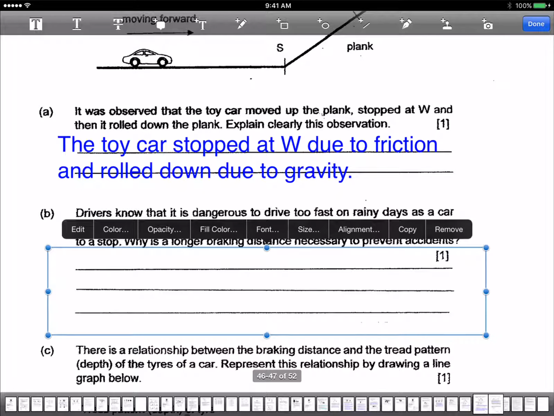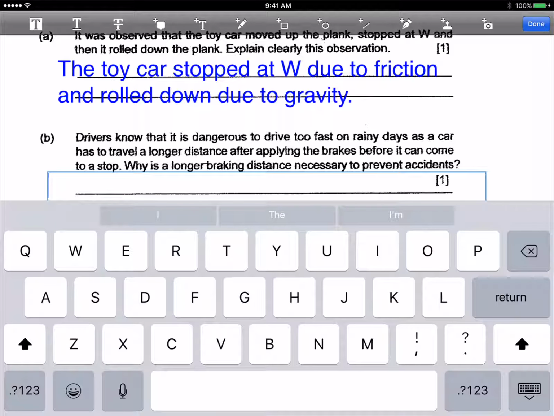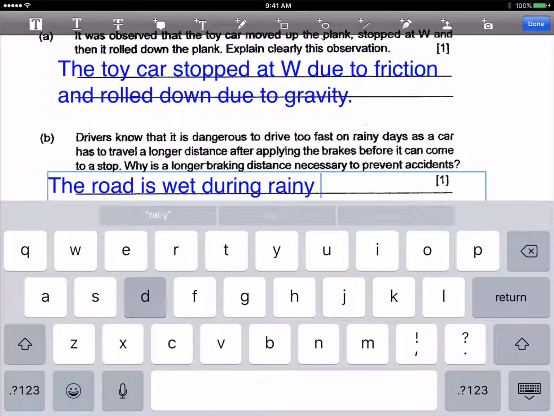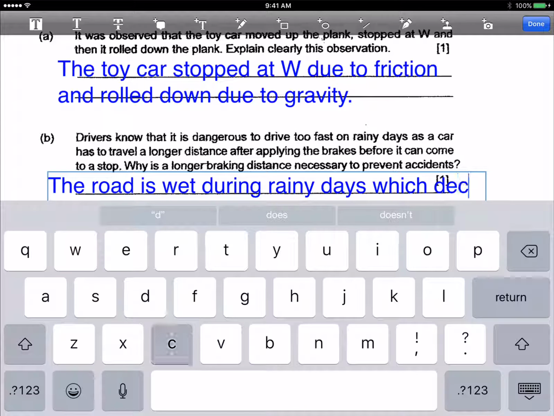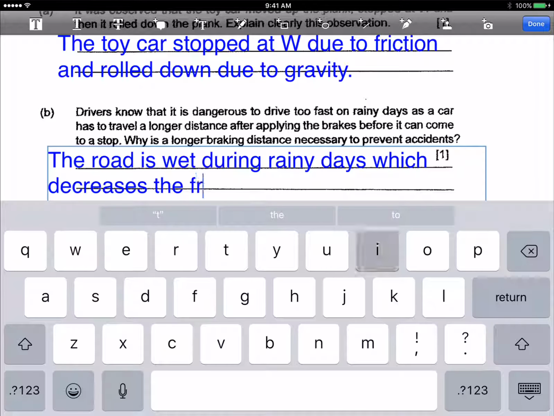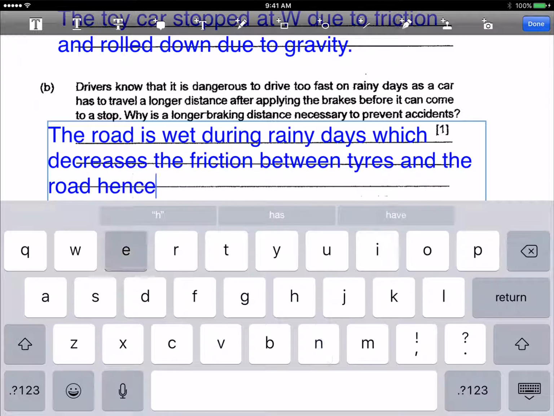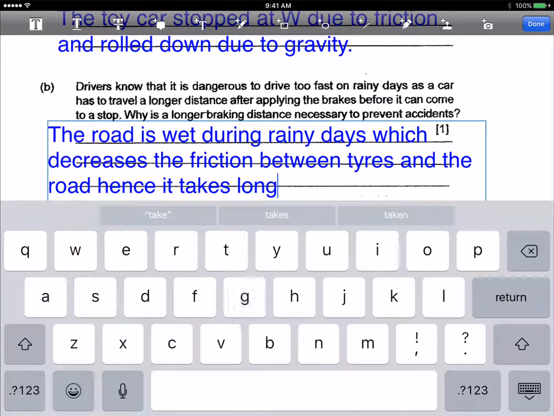Yes, that's right. Okay, so we start from the beginning of the story, right? During rainy days, the road is wet, which decreases the friction between tires and the road. Hence, it takes longer for cars to come to a stop.